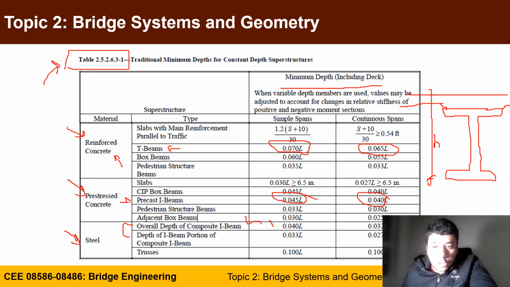You can call this H1. So when you check H1, you have to use 0.04L for simply supported, or 0.032L for continuous span. And if you want to check only the depth of the portion of the steel, you have to check H2, which in this case, this is H2, 0.03L or 0.027L. Sorry, maybe my video is not showing all the numbers, but you have the slide and you can check that too.